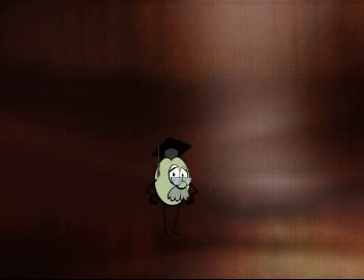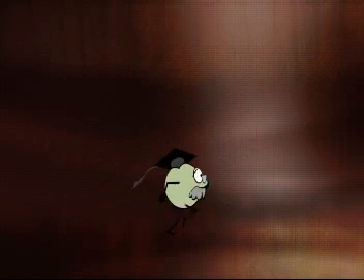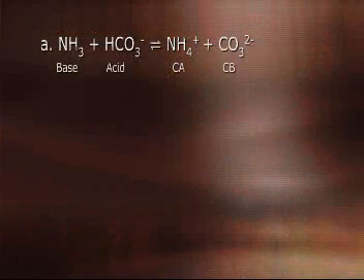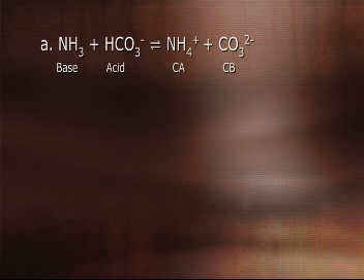Time's up. Let's get back to our lesson. Hello, students. Were you able to identify the acids, bases, conjugate acids, and conjugate bases in each reaction? In reaction A, ammonia is the base and ammonium ion is its conjugate acid.